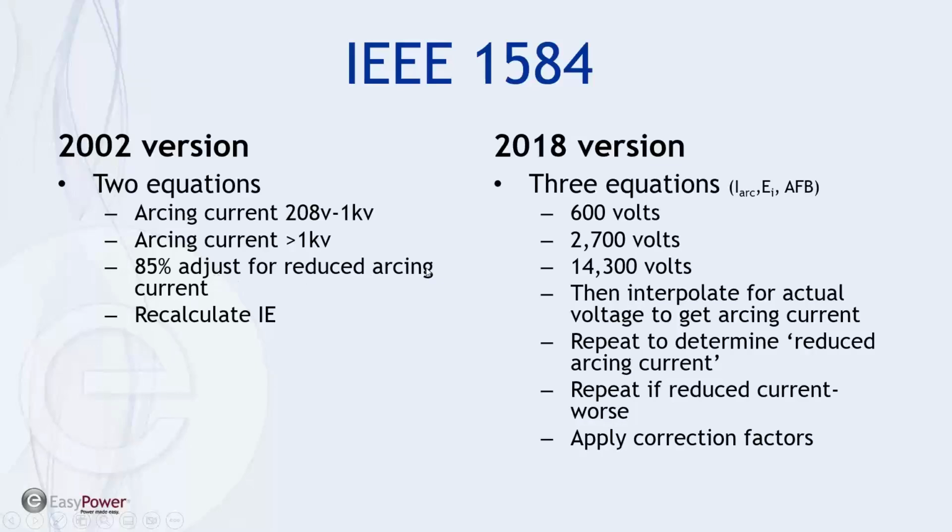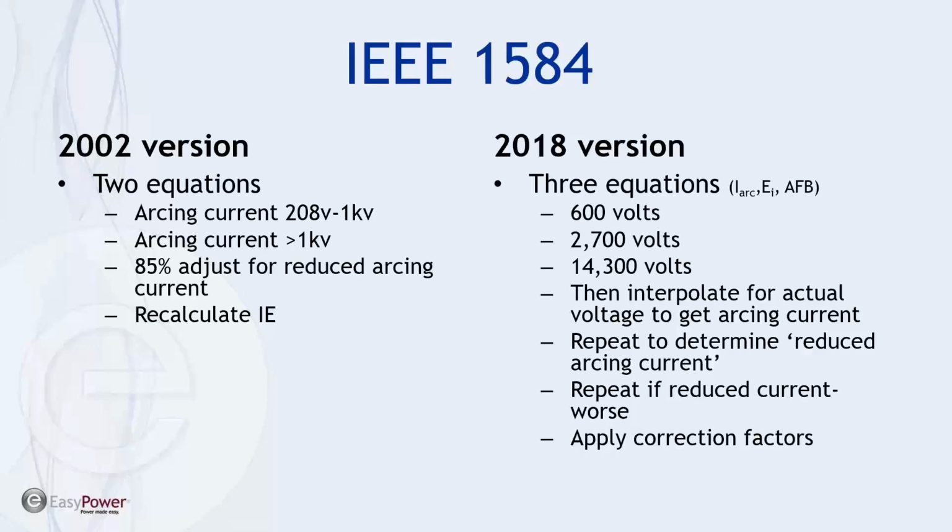Well, in 2018, there's now 3 equations, 600 volts based on 600 volt data, 2700 volt data, and 14.3. And then the results are interpolated for the actual voltage on the bus that I'm trying to analyze. And then the same process is taken to develop what the reduced arcing current is. And this is done in the equations themselves.